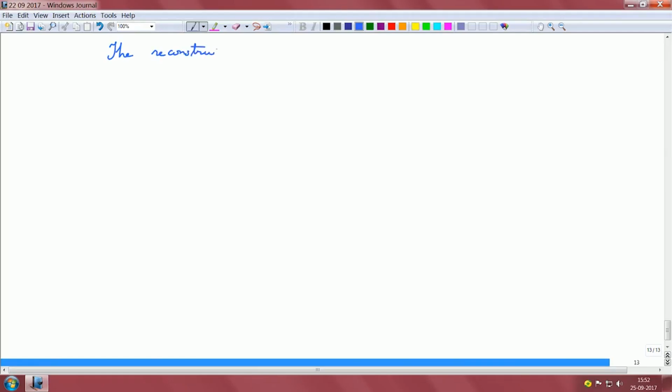So the reconstructed signal x hat of n can suffer from several artifacts.